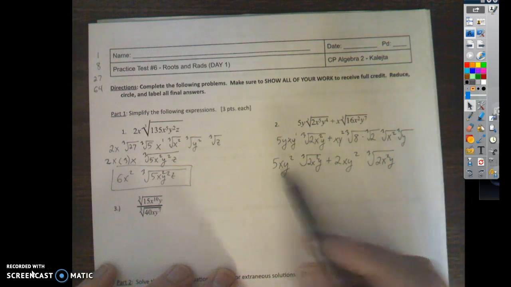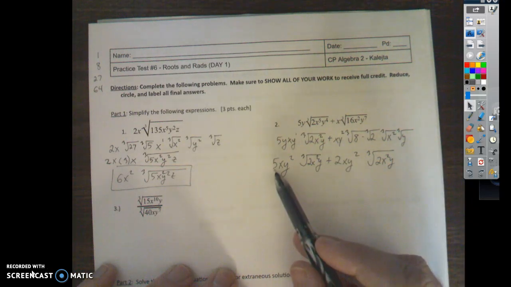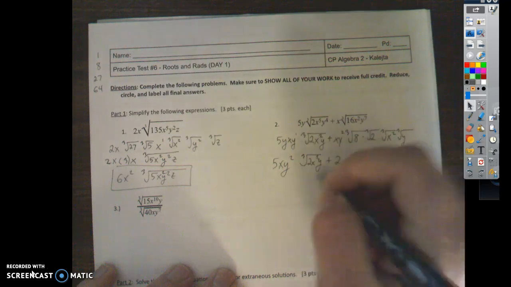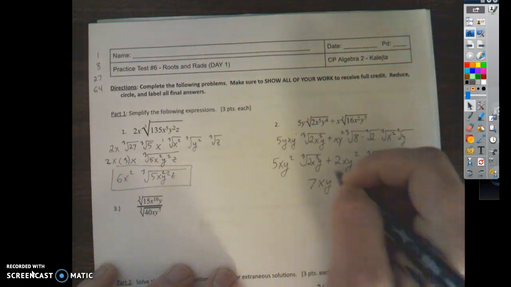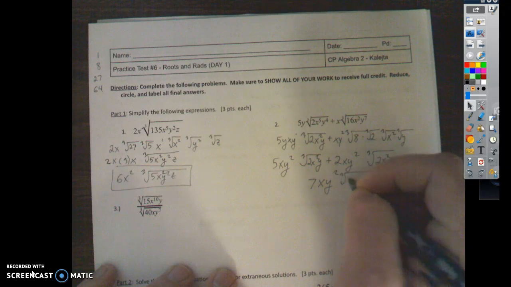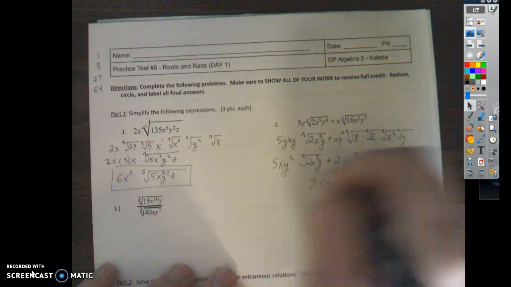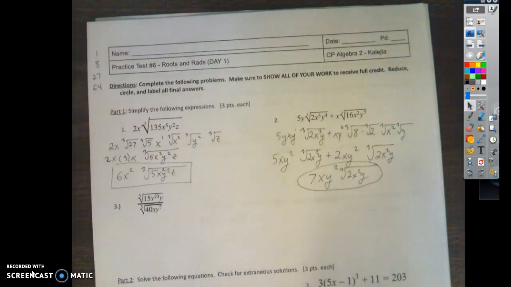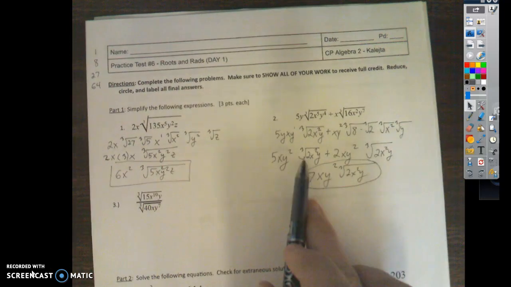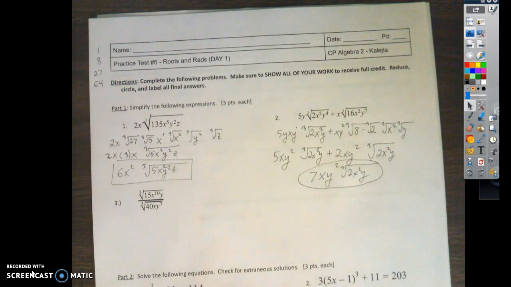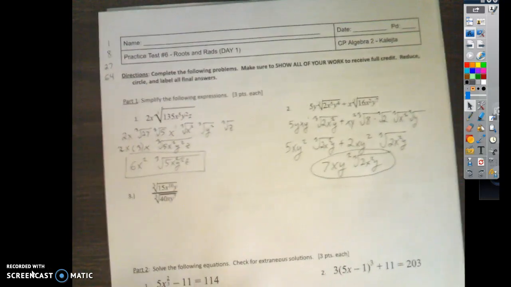So now I can add these things on the outside. What's 5 plus 2? 7. And everything else stays exactly the same way. Okay, all good. It's just about keeping things organized. These should match up. If not, double check your work.